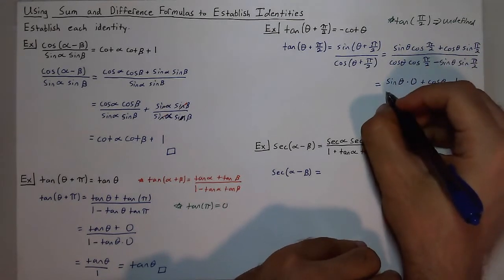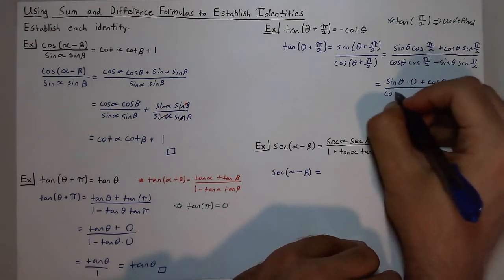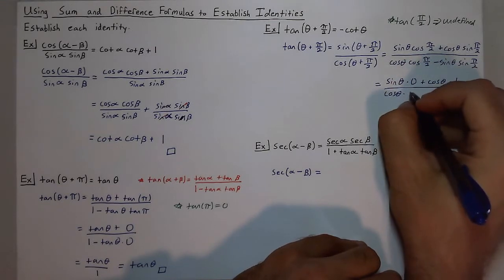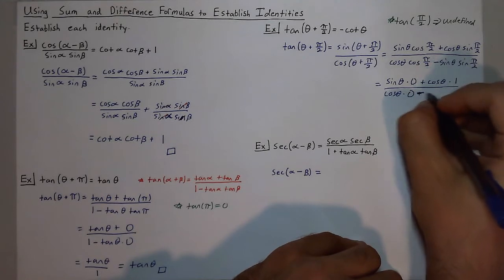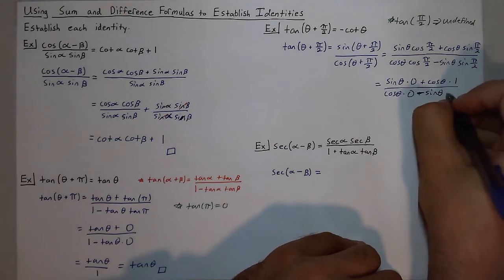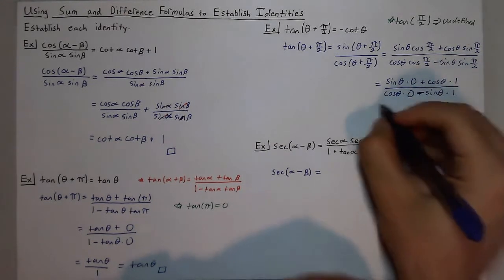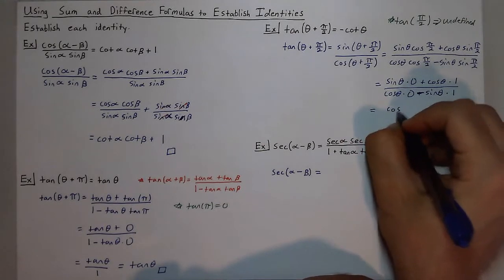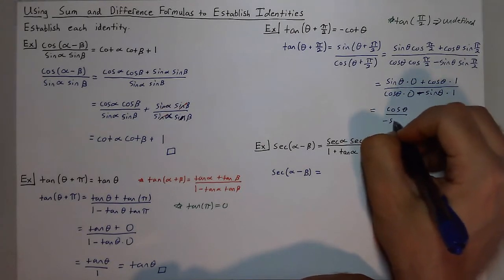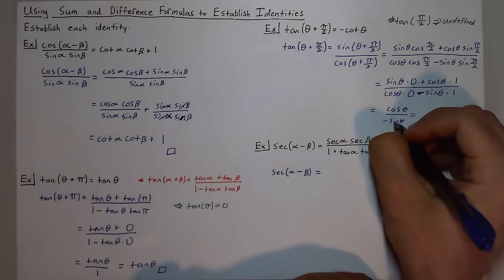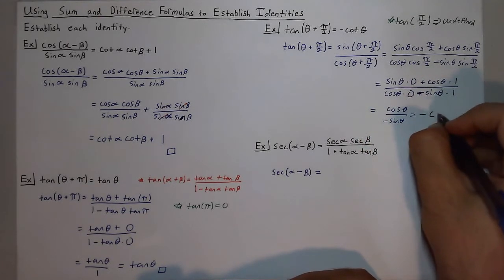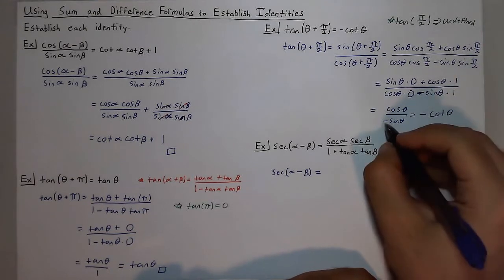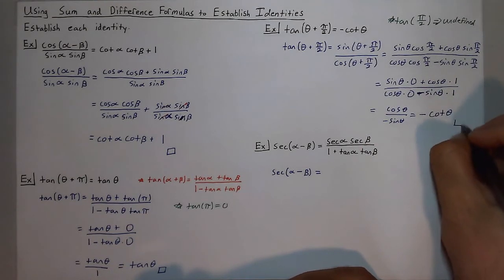In the bottom I'll have the cosine of theta times the cosine of pi over 2, which is 0, minus the sine of theta times the sine of pi over 2, which is 1. This leaves me with cosine of theta over negative sine theta. Cosine of theta over sine theta is cotangent, so I'll get negative cotangent of theta, because that negative is from that denominator, which proves that identity.